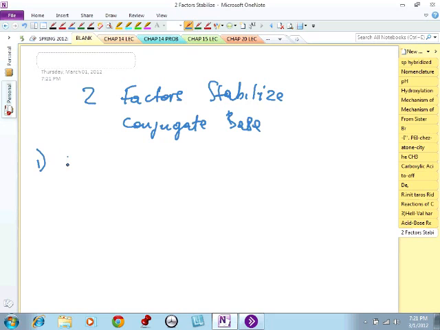One is resonance. The other is what we call inductive effect.